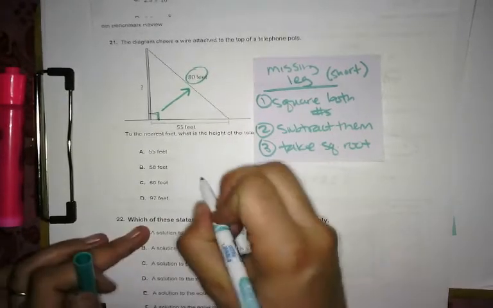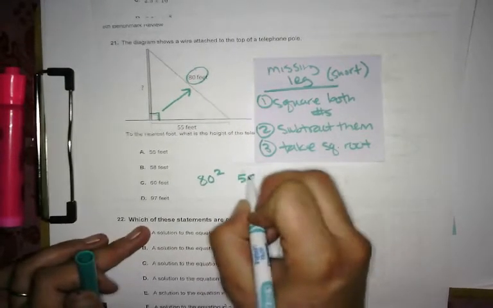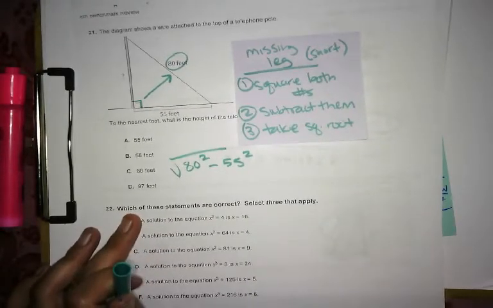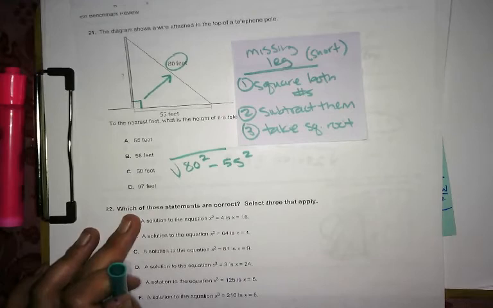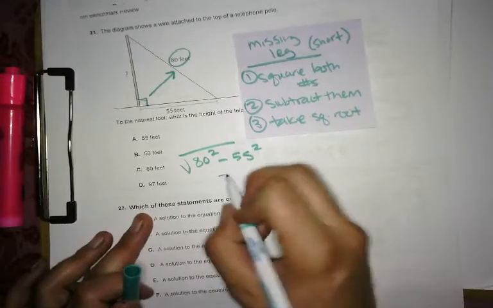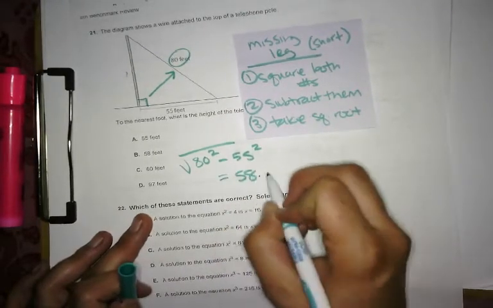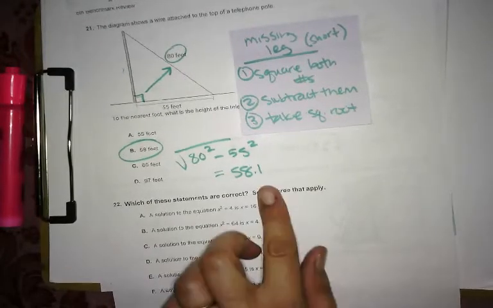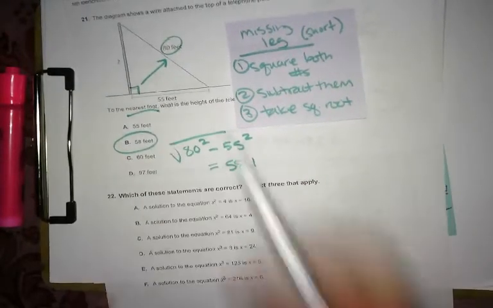So I'm going to square both numbers, subtract, and then take the square root. So this turns out to be about 58.1. So to the nearest foot is 58 feet.